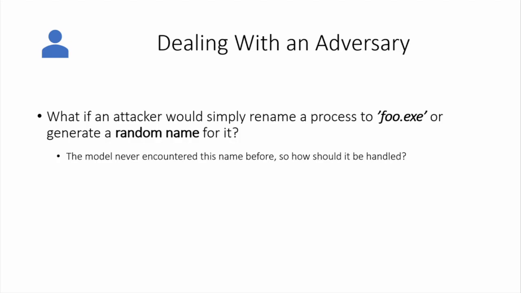How are we going to deal with this? Because it will generate a new, different sequence of processes every time, and then the model won't be able to learn from it. So what we do is we map each different rare process to the same ID. So it will basically consider each rare process as if it were the same process.